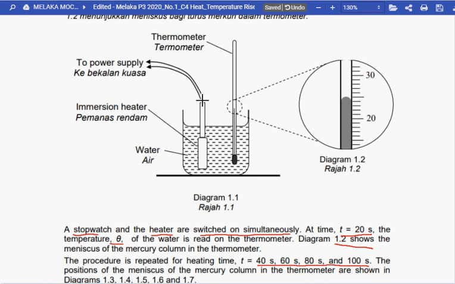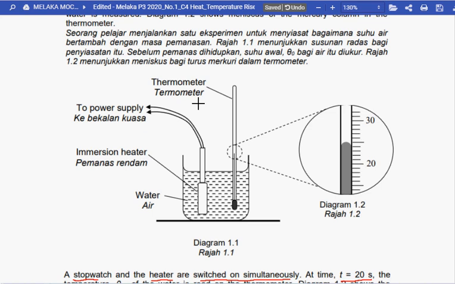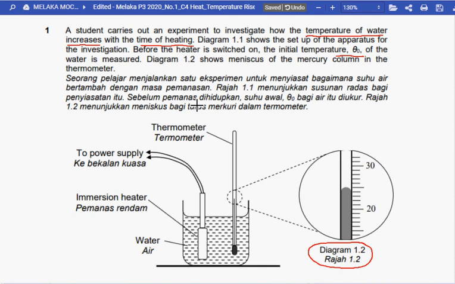Diagram 1.2. This is diagram 1.2. You need to look at the correct diagram. The reading shown is actually theta naught. Diagram 1.2 shows the meniscus of the mercury column in the thermometer before the heater is switched on, so that is your theta naught.